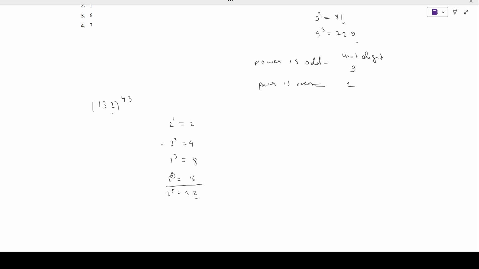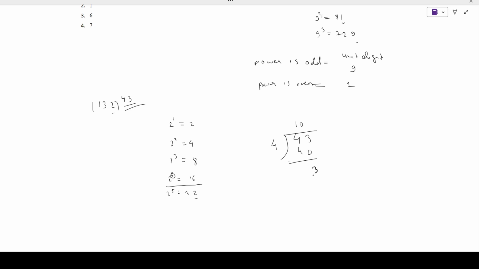So what we do, we take the power from here, 43, and divide it by 4. Whatever the remainder we get from here, here we will get 3. 4 times 10 is 40, the remainder is 3.